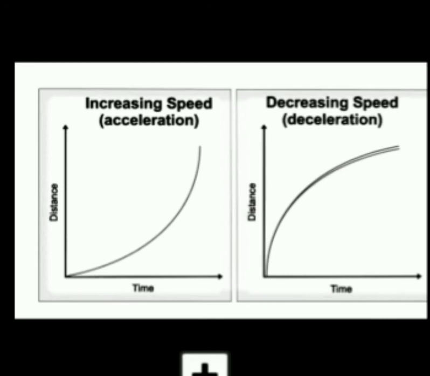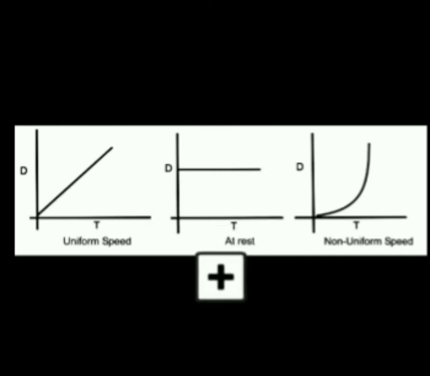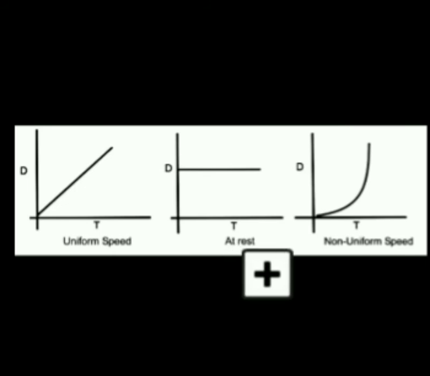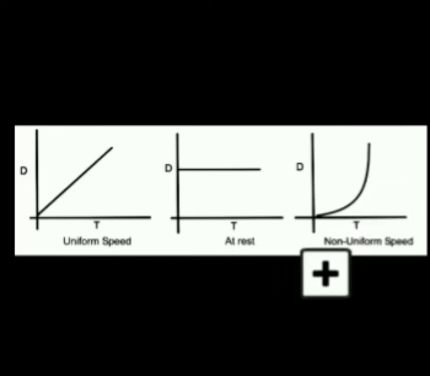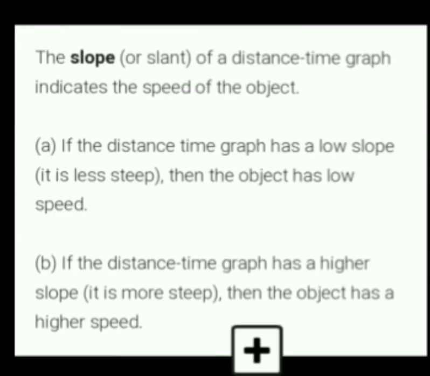There may be different types of curves representing non-uniform motion. Now let us recall: the straight line graph shows uniform motion or uniform speed or constant speed. The graph which is parallel to the time axis shows the object is at rest, and a curved graph represents non-uniform speed or non-uniform motion.